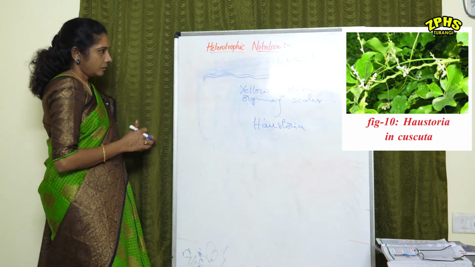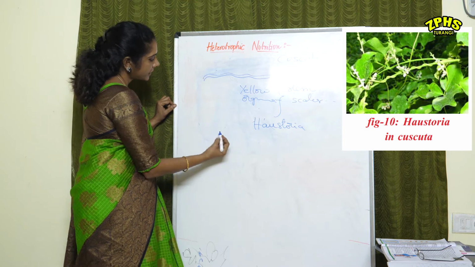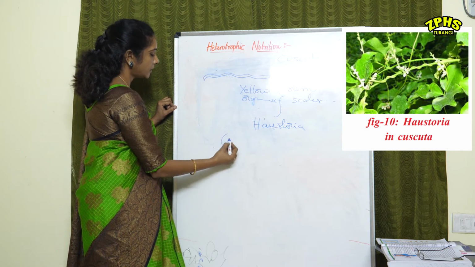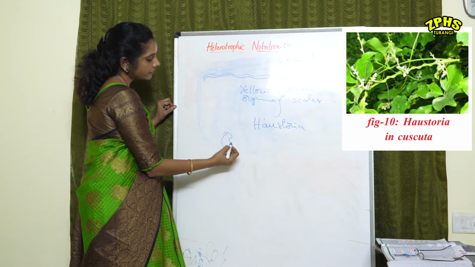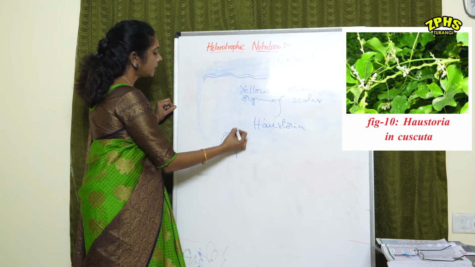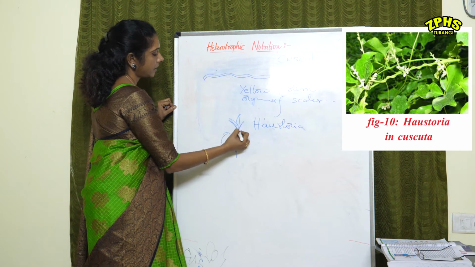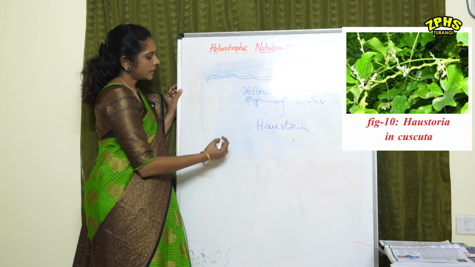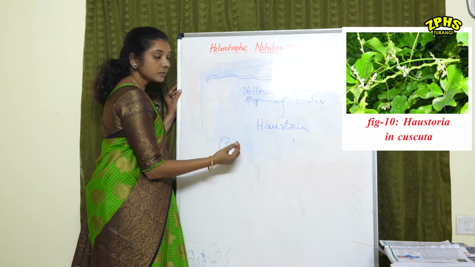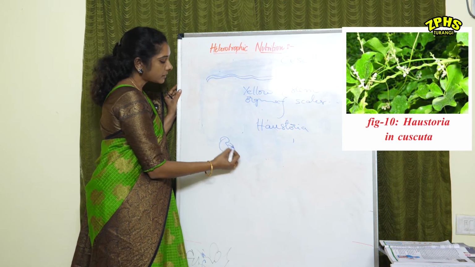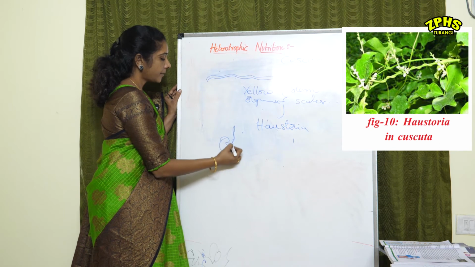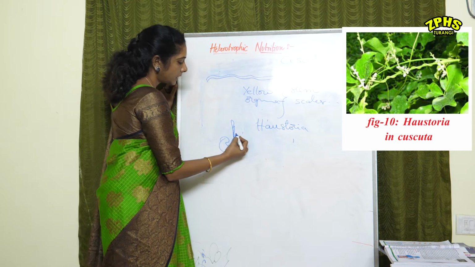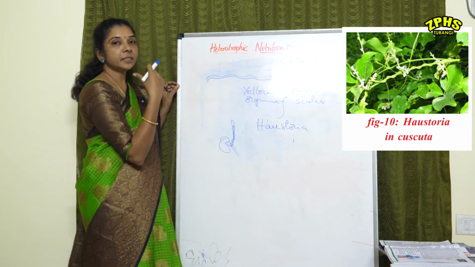If you observe the life cycle of Cuscuta: generally when a seed germinates, it gives first the root and then the stem and leaves. Here in Cuscuta also, when the seed germinates, it gives an anchoring root and then sends out a stem in spiral fashion. This stem tries to find the host.